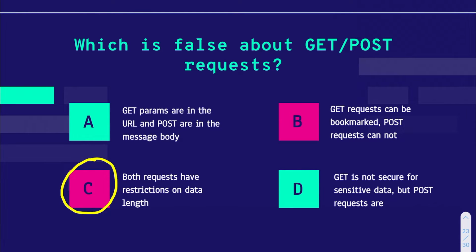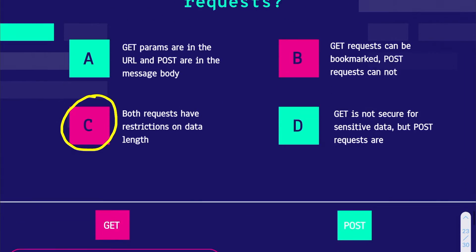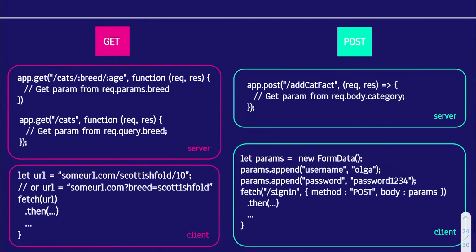Yeah, so let's take these one by one. Here I have a slide that compares what a GET request looks like on the server and client versus what a POST request looks like on the server and the client. For GET requests, you'll notice here we have what are called route or path parameters, where it'll be included in whatever route they're trying to access.